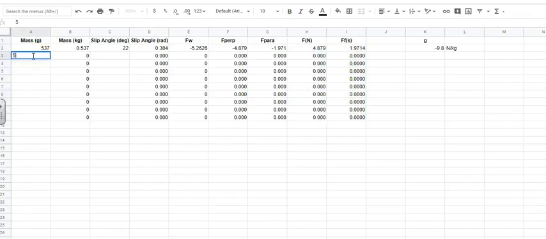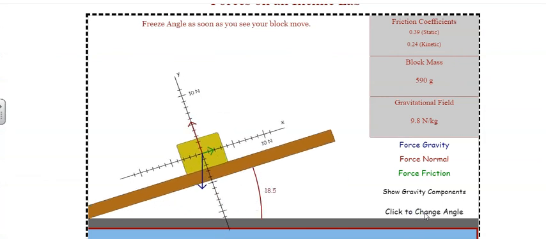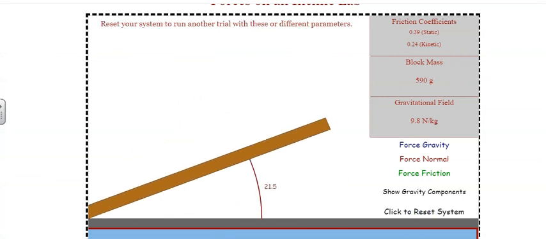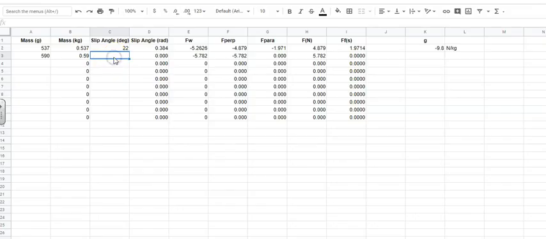Okay, so 590. And then measure the angle. Just remember the first time I did it, it was pretty rough, so make a note of that. And I'll do 2 more.